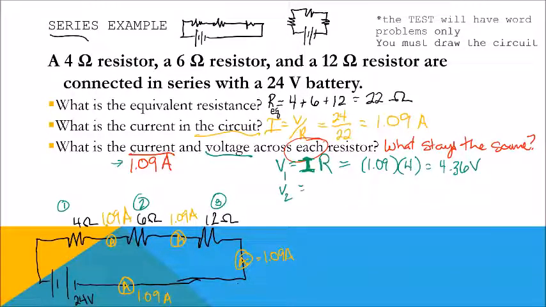For resistor 2, current times resistance again, 1.09 amps of current because current stays the same in series, and 6 ohms of resistance for that resistor. So we get 6.55 volts.